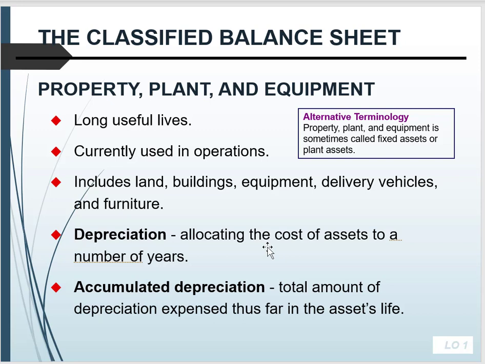Depreciation, as I mentioned a little bit earlier, allows us to match the expenses of the month to the revenues of the month. Well, we bought a building, and that building is going to last for 20 years. We need to write off 1/20th of that asset's value this year. So we match that expense with the revenue that we made this year. And that's accounted for, obviously, through the process of depreciation.